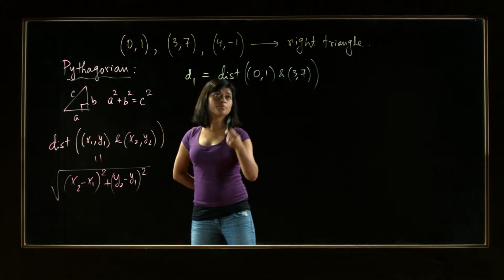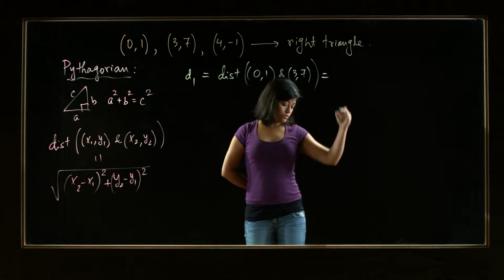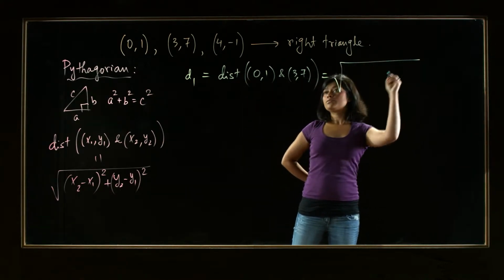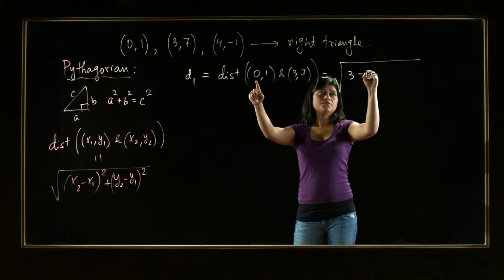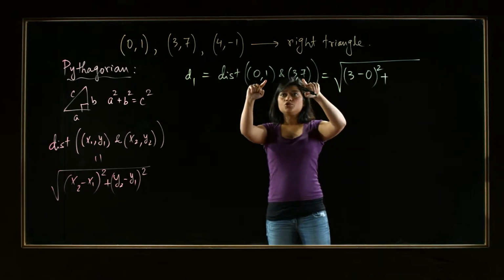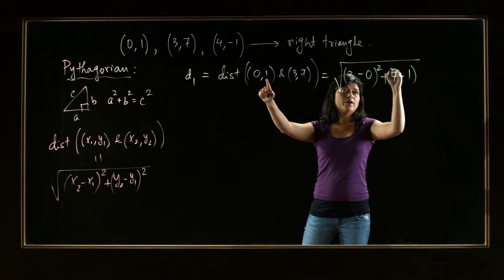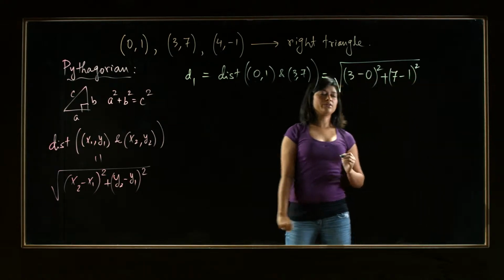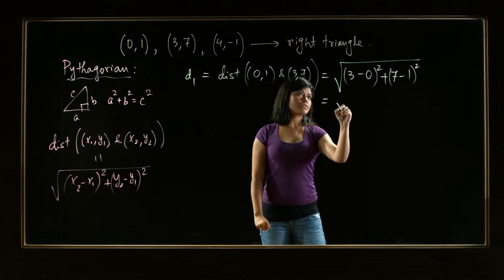So let's go back to our problem. We have to calculate the distance between these 2 points. So let's take the square root. The 2 x coordinates are 3 and 0. Take the difference and square it. Then add the difference of the 2 y coordinates, 7 minus 1, squared.